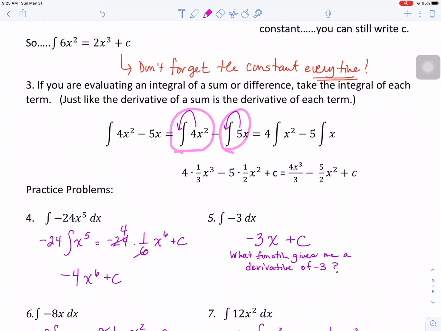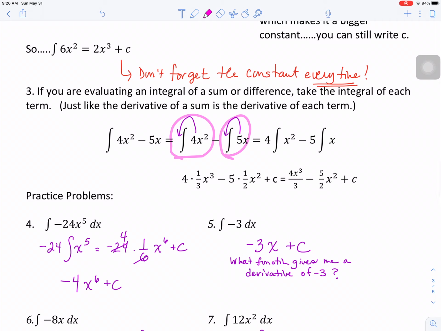And here, my arrow notation, you can see I'm going to do what we just did with the 6. I'm going to take those coefficients out of the way so I can deal with just my variable, okay?